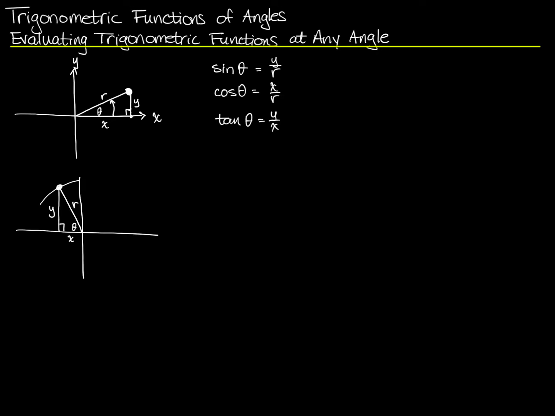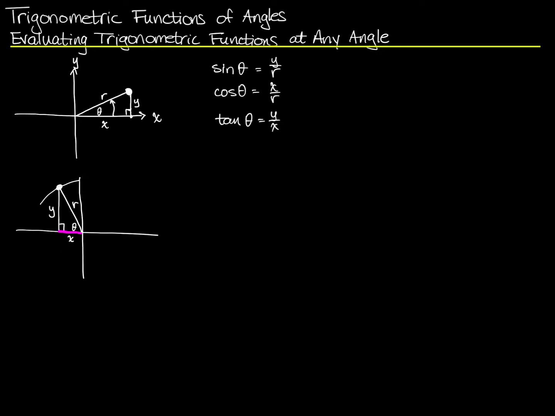Now, something we have to watch out for here is that my x value is negative because I'm not over the positive x-axis anymore. I'm over the negative x-axis. So anytime x is involved, and it's involved in cosine and therefore secant, and in tangent and therefore cotangent, the x part of that is going to be negative.